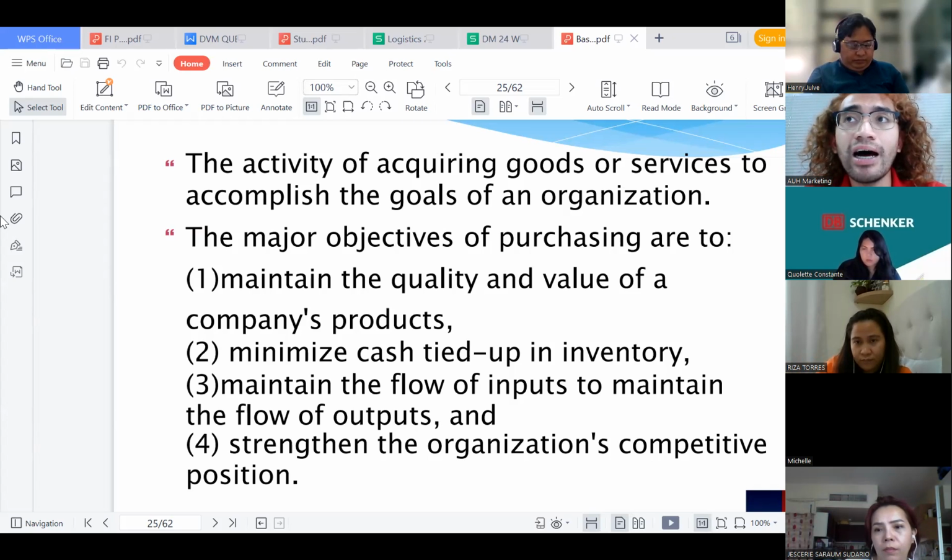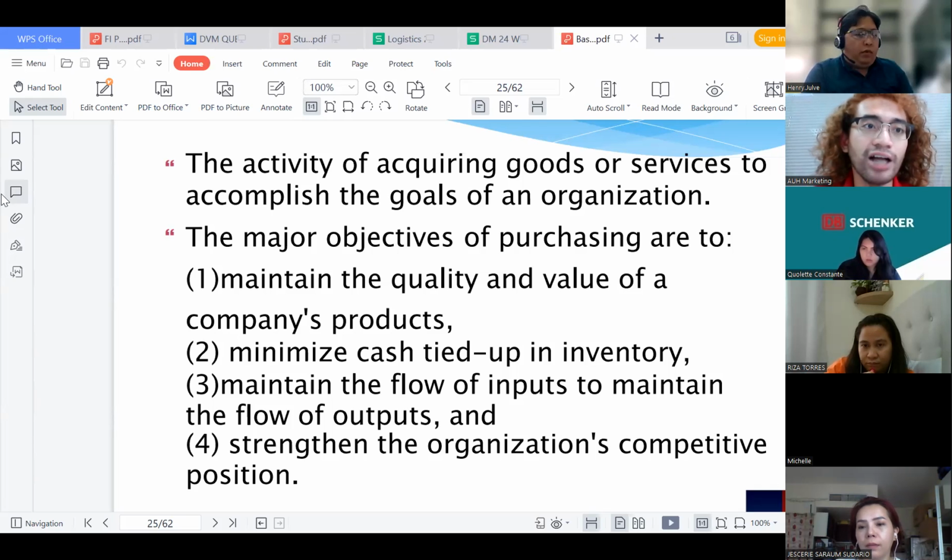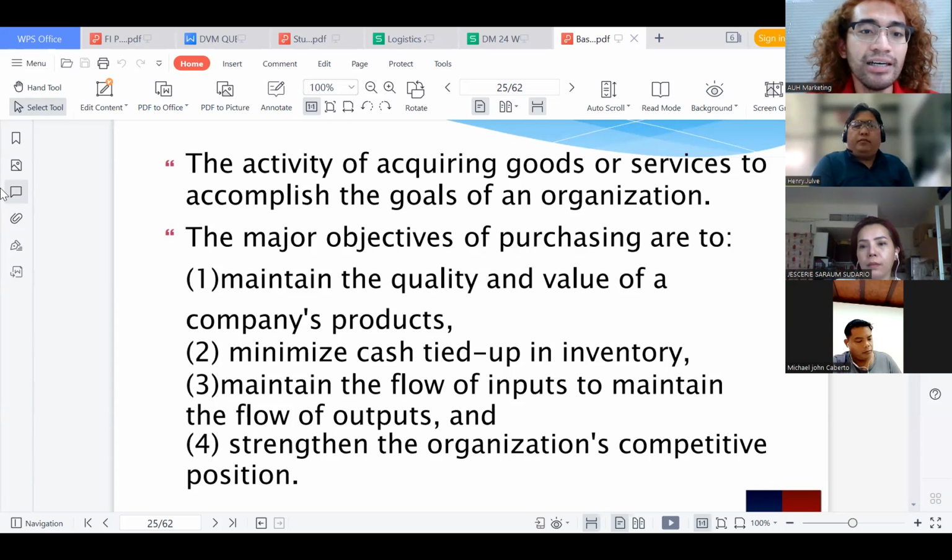We will give you the best packages and deals. Sign a 1-year contract with us, and we will give you Unilever products. So that's for purchasing. We try to create contracts. Minimize cash tied up in inventory.